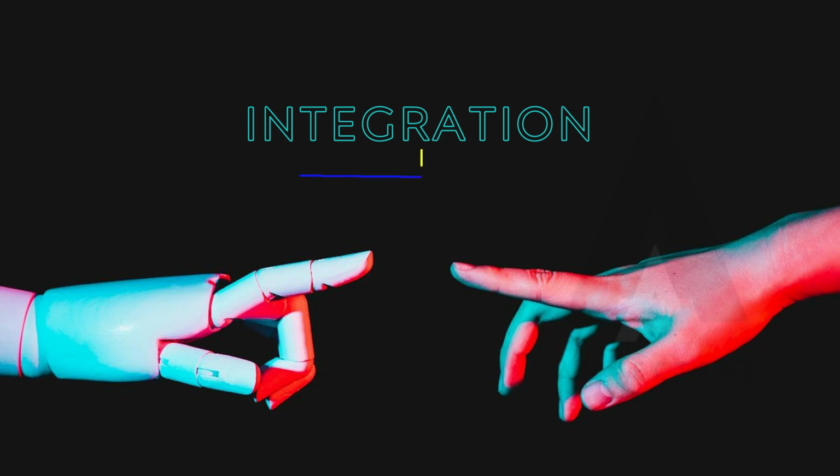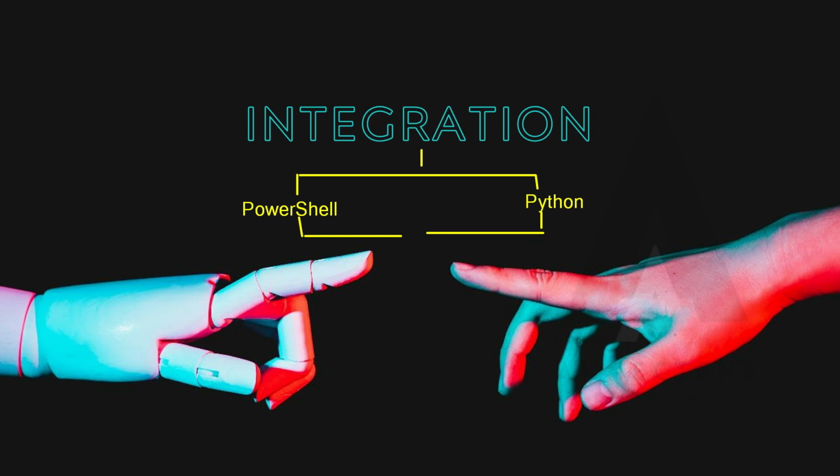If you can connect to this, I have options here. One is PowerShell, another one I have is Python. Now these two are connecting to this line, through which is what's called your MS Graph.